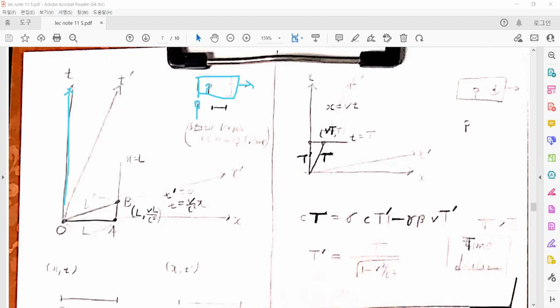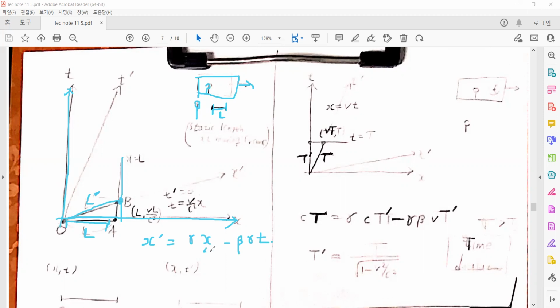There are different behaviors for the last frame and the moving frame. Let's derive the length contraction. There is some specific distance R in the last frame, and in the moving frame it is observed as R prime. We can derive R prime using the Lorentz transformation.